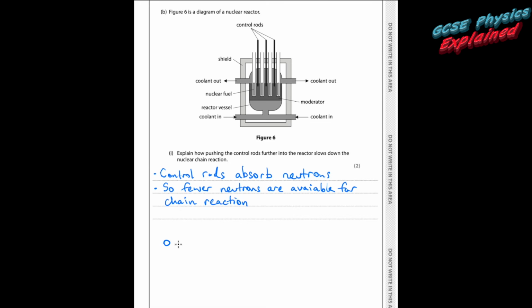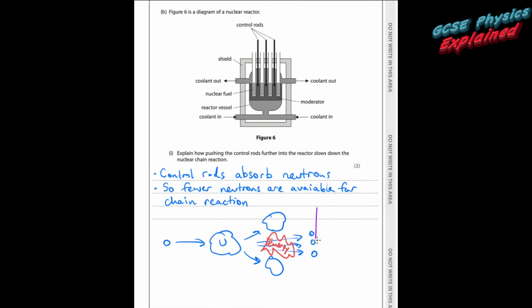Remember, your little neutron goes in and it hits your uranium nucleus. That uranium nucleus splits up into 2 smaller nuclei plus 2 or 3 extra neutrons would be given off, as well as the energy.